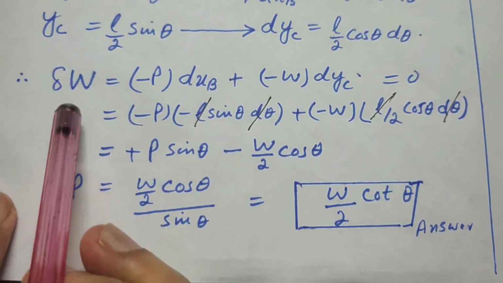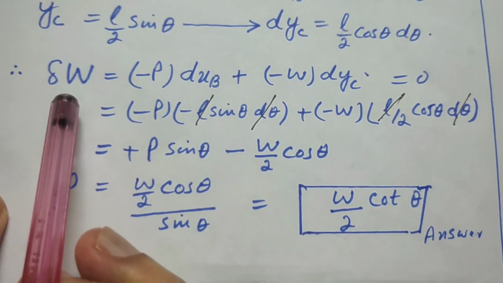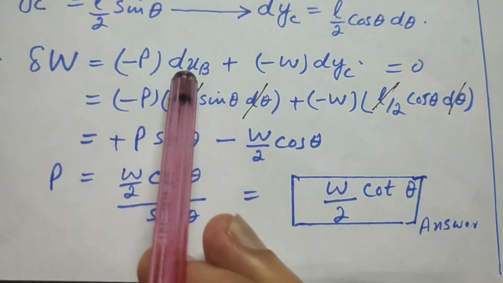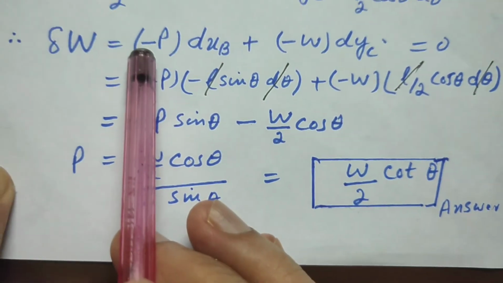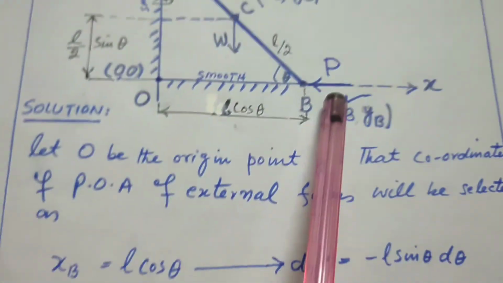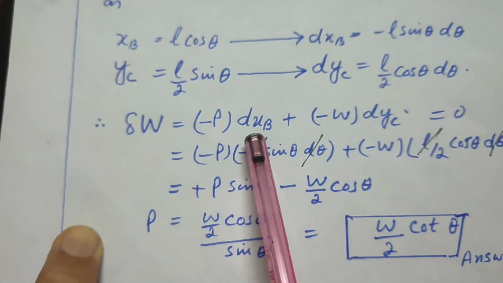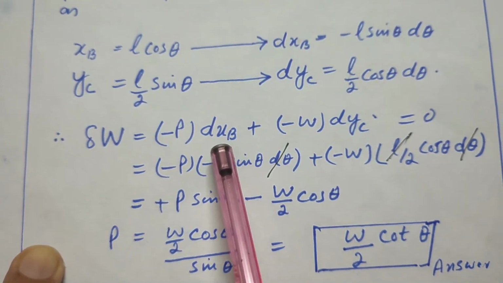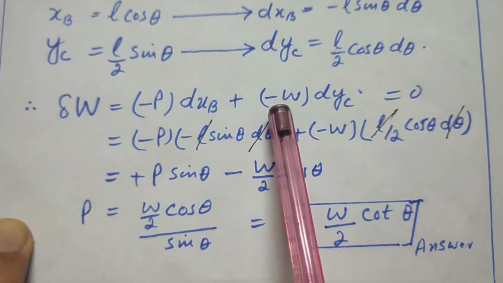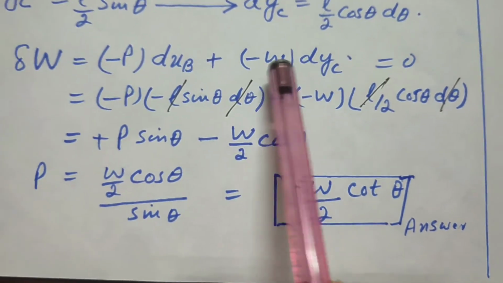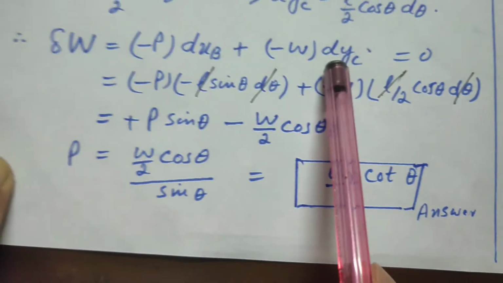By applying the virtual work equation, force into virtual displacement, sign is minus because it's acting leftward, and dxb is virtual displacement at point B, minus W into dyc.